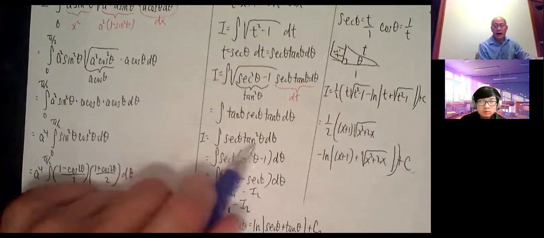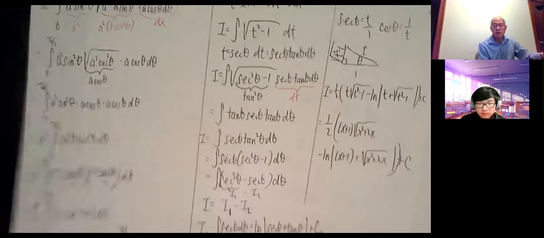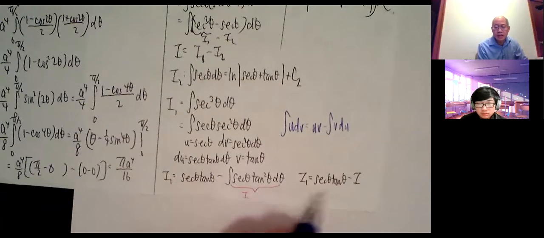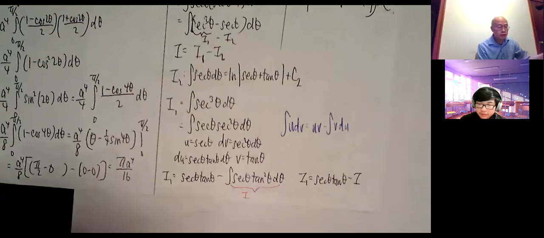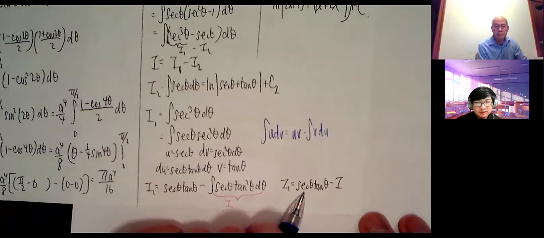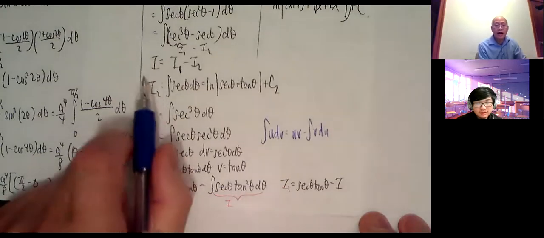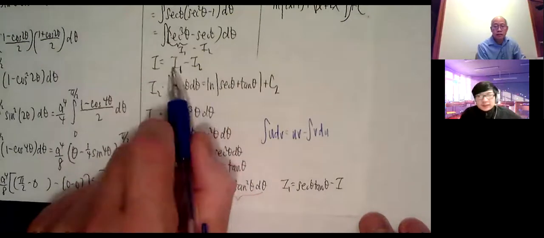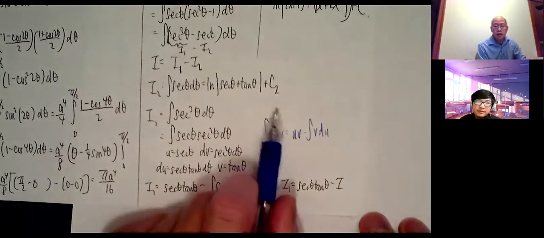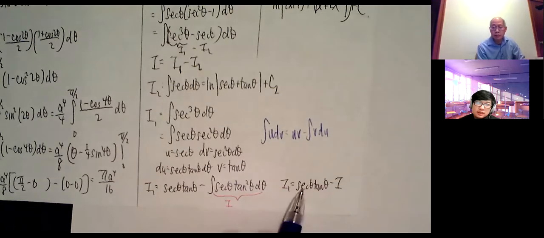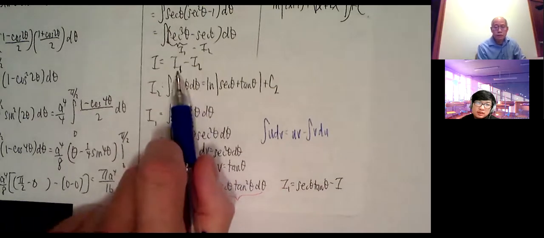So it's one of those that cycle back on itself. Integral of secant theta tangent squared theta, that's I. So I1 is secant theta tangent theta minus I, the original integral. So I can plug that in for I1 now. I was I1 minus I2. So I plug this in for I1 right there. And I2, I plug in this thing. So this thing right here goes there.